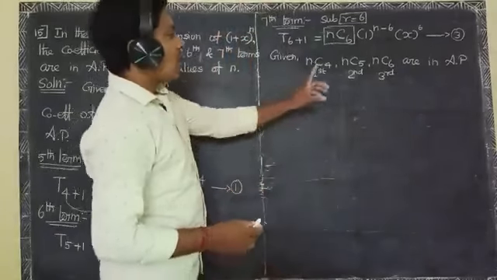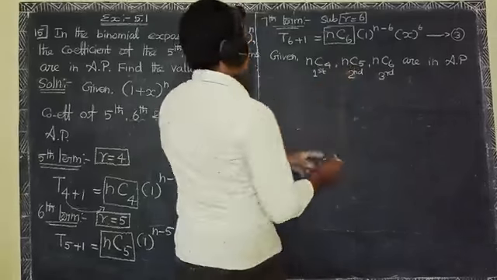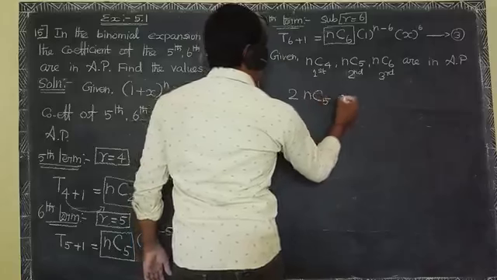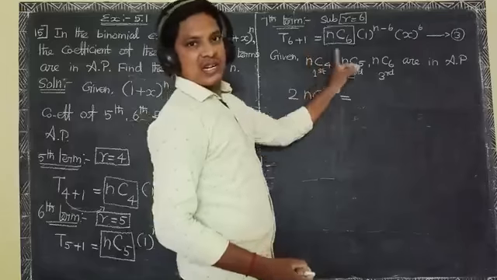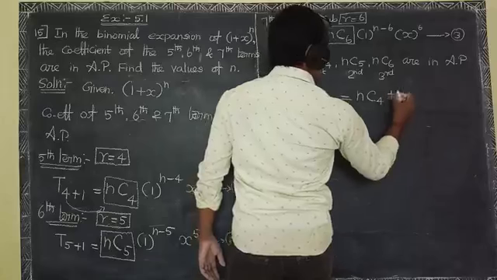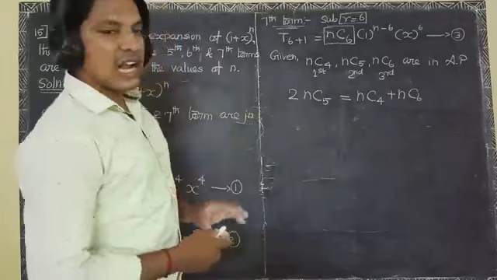Here, 2 times the middle term, that is 2 times nC5, is equal to the sum of the first and third term, that is nC4 plus nC6, to find the value of n.